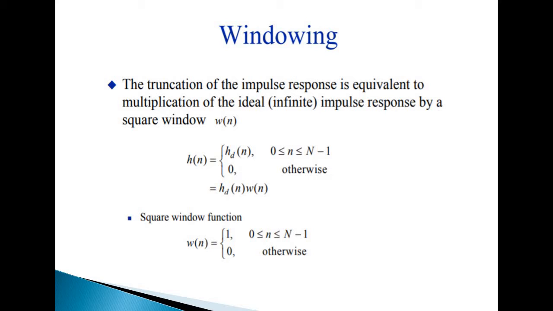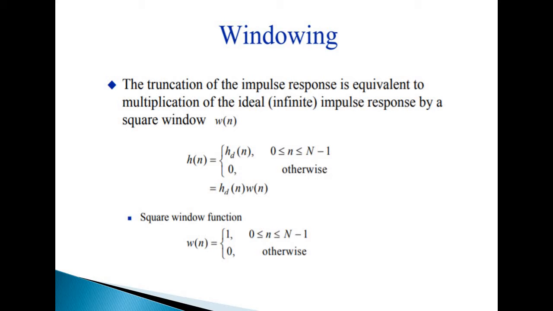Instead of h of n equal to simply hd of n as in the Fourier series, here we multiply hd of n by a weighting function called the windowing function, denoted by w of n, and thus h of n equals hd of n into w of n. So instead of abrupt truncation, we multiply hd of n by the window weights.